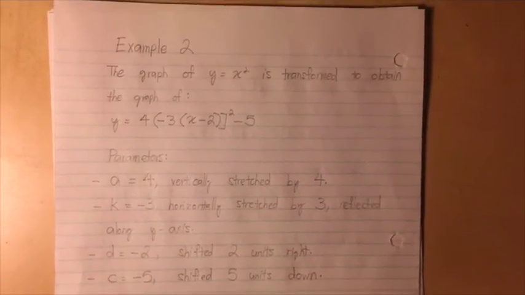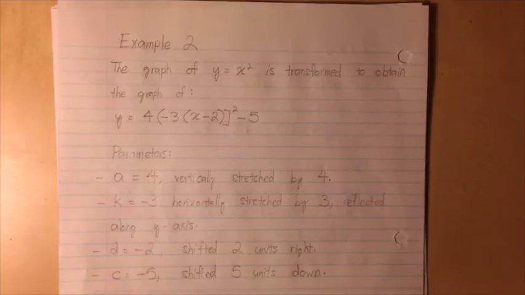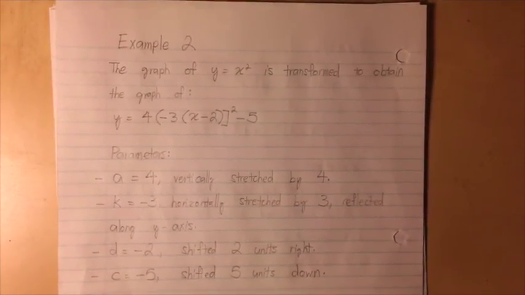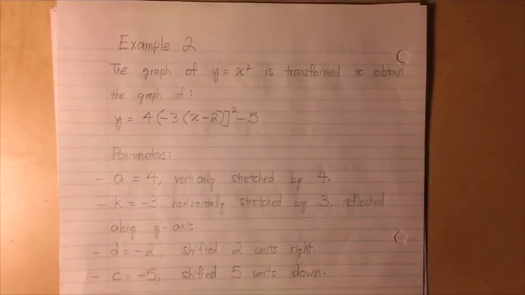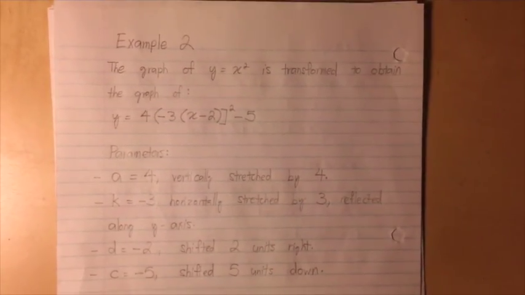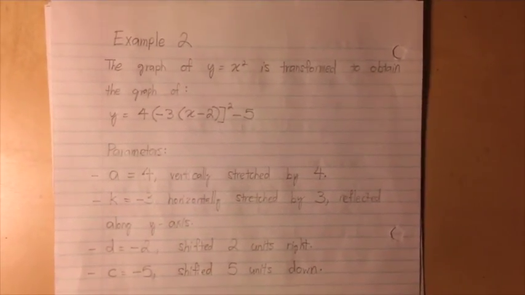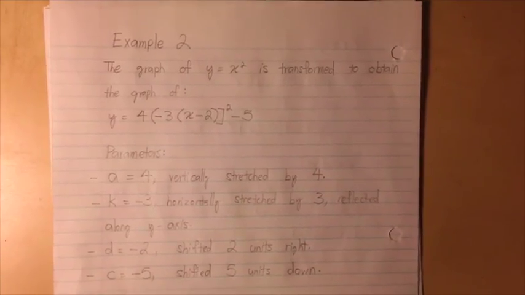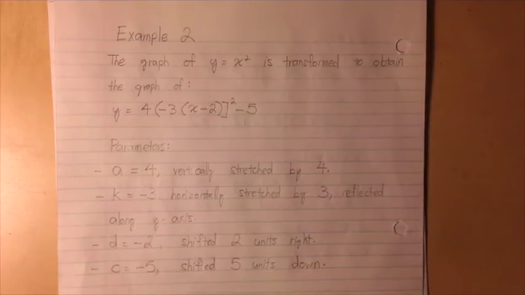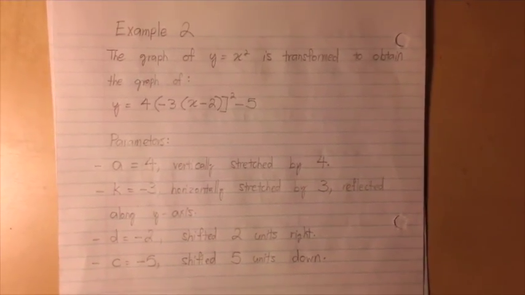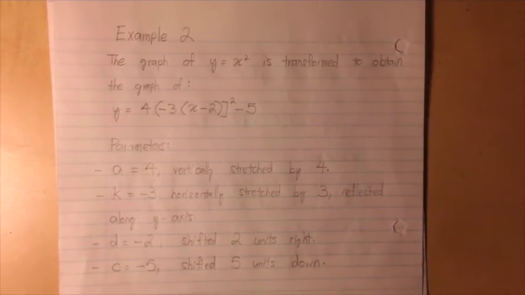The parameter a is equal to 4, which means that it is vertically stretched by a factor of 4. K is equal to minus 3. It is horizontally compressed by a factor of 1 over 3, but it is reflected along the y-axis.